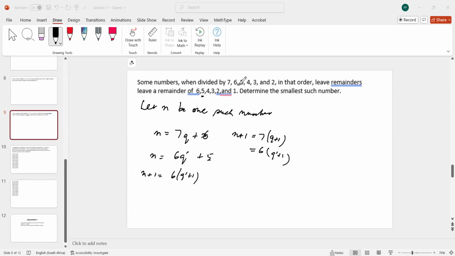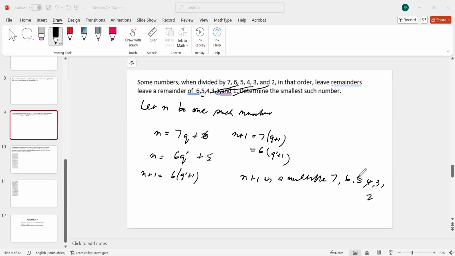The point is, in all these cases, with remainders 5, 4, 3, 2, 1, n plus 1 is a multiple. n plus 1 is 7 times something, so it's a multiple of 7. It's 6 times something, whatever the something is, it doesn't really matter, but it's a multiple of 6. It's also a multiple of 4, 3 and 2.